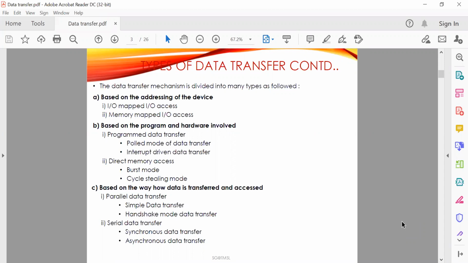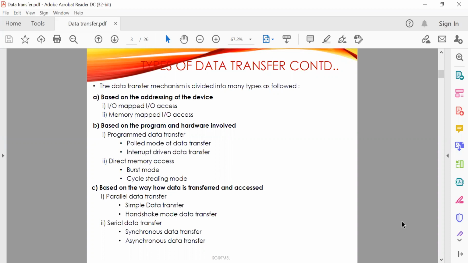Here the data is read from the input device only when it is ready with the data. So when the device is ready, it gives an interrupt signal to the processor indicating that the data is ready. And in the ISR, the program is executed to read the data from the corresponding input device, and similarly the output device gives an interrupt to the processor when it can accept data.